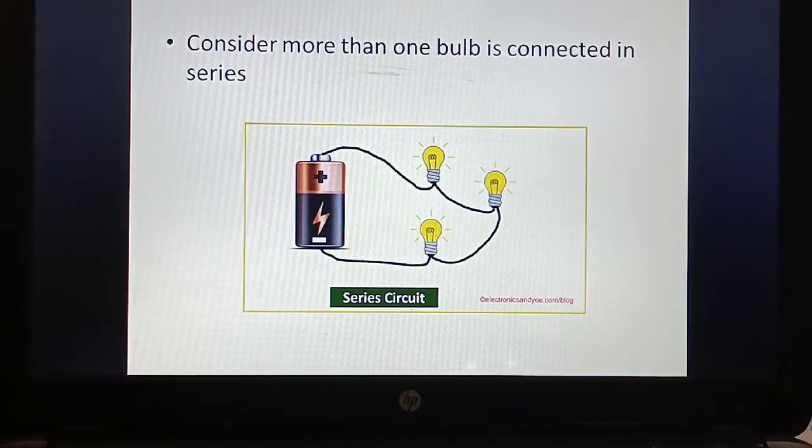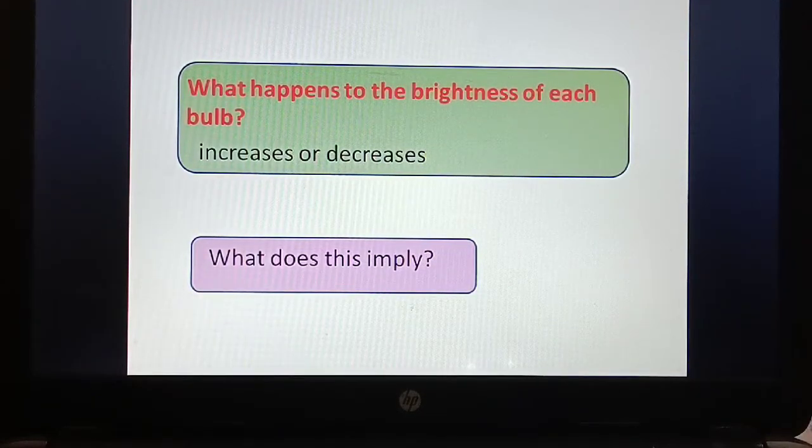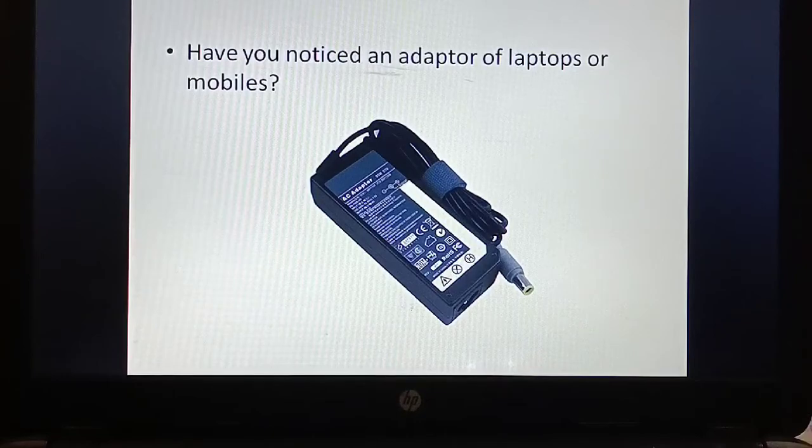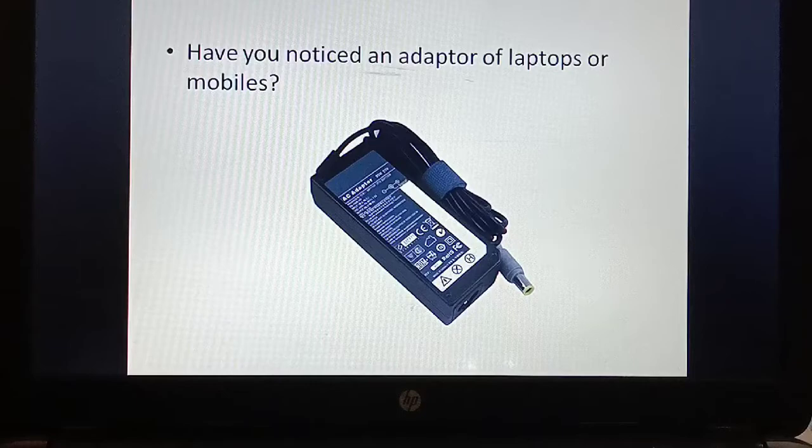Now, have you noticed the adapter of laptops or mobiles? If you notice the adapter of your laptop, it is written there: input and output voltage.